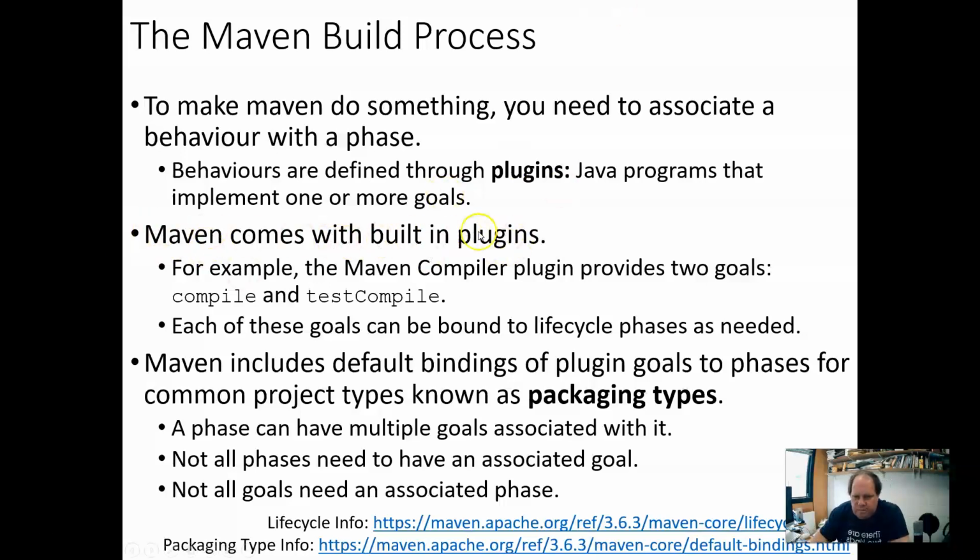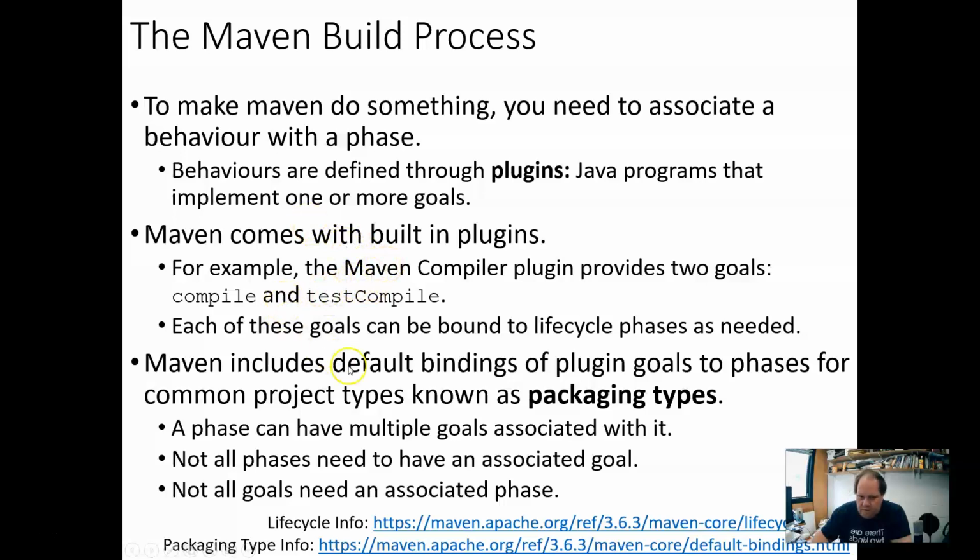Maven comes with some built-in plugins. For example, the Maven compiler plugin has two goals: compile and test compile. Each of these goals is bound to phases of the life cycle as is required. So the compile goal is bound to the compile phase. The test compile goal is bound to the test compile phase.